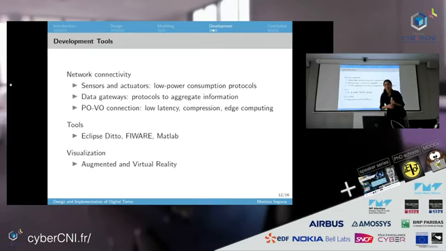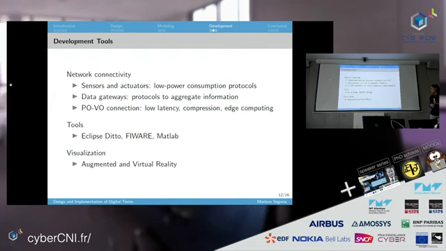With respect to the development, one of the most important factors is the network connectivity. And different components have different requirements in terms of connectivity. For example, sensors and actuators are lower power devices, so they send information at specific rates or when an event happens.